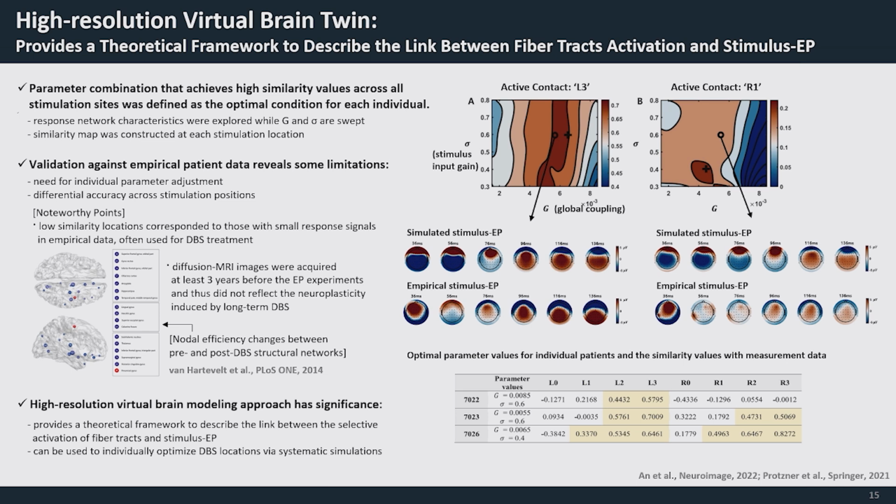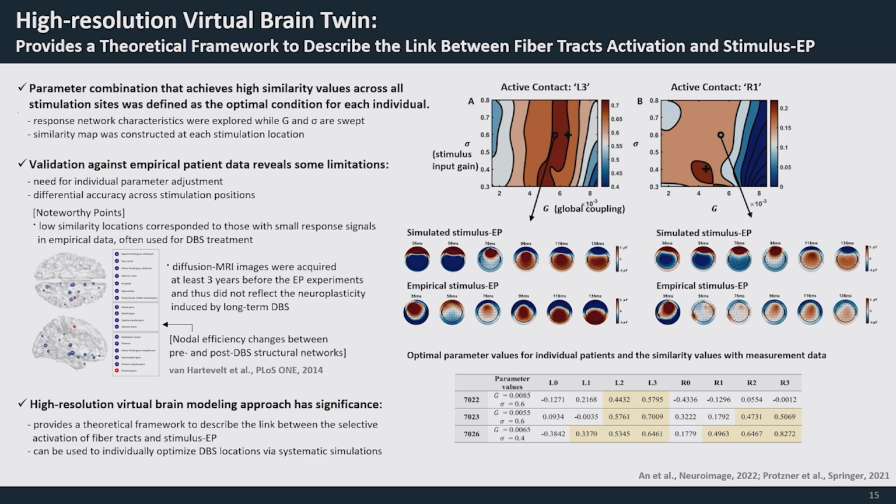So as you can see, the similarity value showed higher values around 0.8 at some locations, but showed lower values, less than 0.2 or even negative values, at some other locations. So this was our study's limitation.